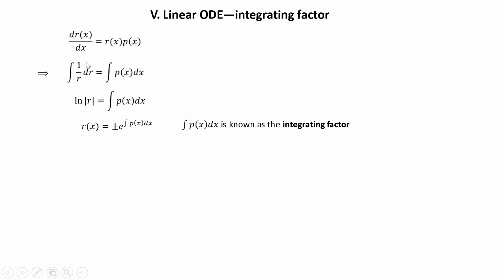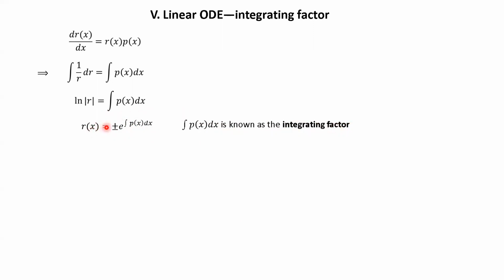Then you integrate, and you get log of the absolute value of r equals the integral of p of x. So r is given by plus or minus, because of the absolute sign, the exponential function of this integral of p of x. This is known as the integrating factor.